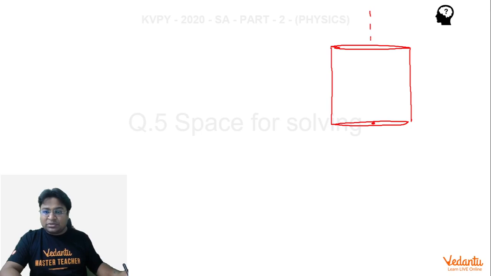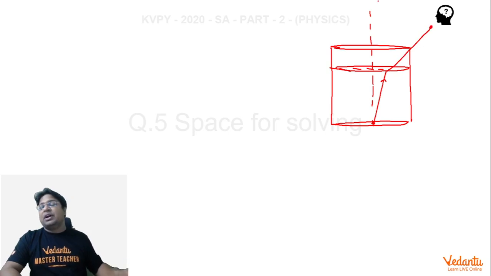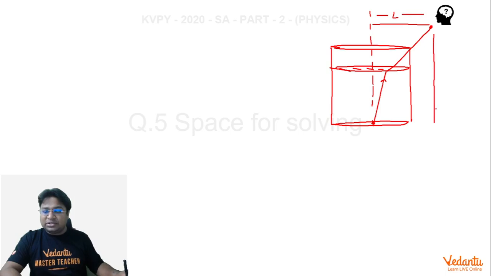So when we start filling some liquid in it, let's say after the liquid has reached this certain level, a ray of light which will probably go like this will then start traveling like this to this point, and we have been given this distance as L, we have been given this distance as capital H, we have been given this height as D and this as R.